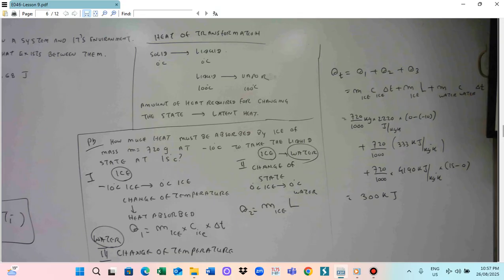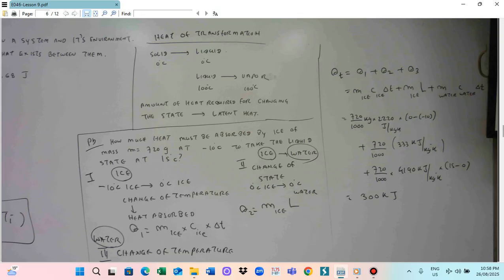The original is the solid state of ice, but the final state is the liquid state of water. So at the same temperature, the original state is changed to the final state. Solid is changed to liquid. The amount of heat required to change the state we call latent heat.